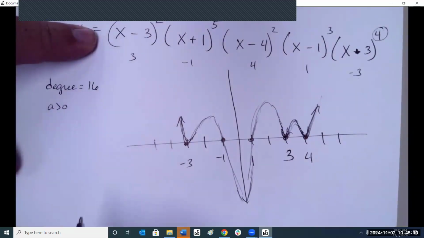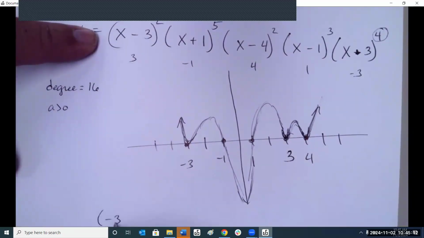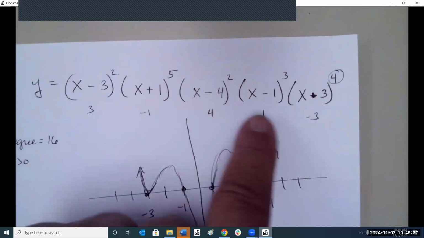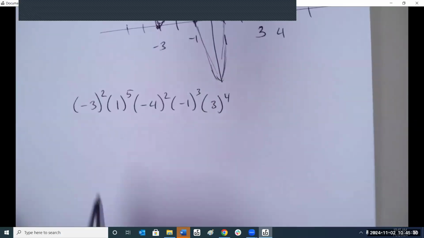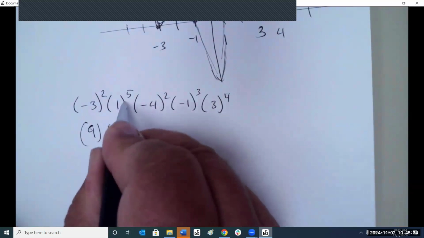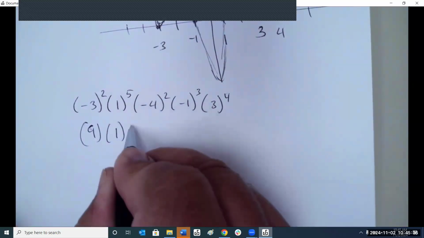If we put all the x's to 0, then we'd have negative 3 squared, 1 to the 5th, negative 4 squared, negative 1 cubed, 3 to the 4th. All the x's disappear. So negative 3 squared is 9. 1 to the 5th is 1.